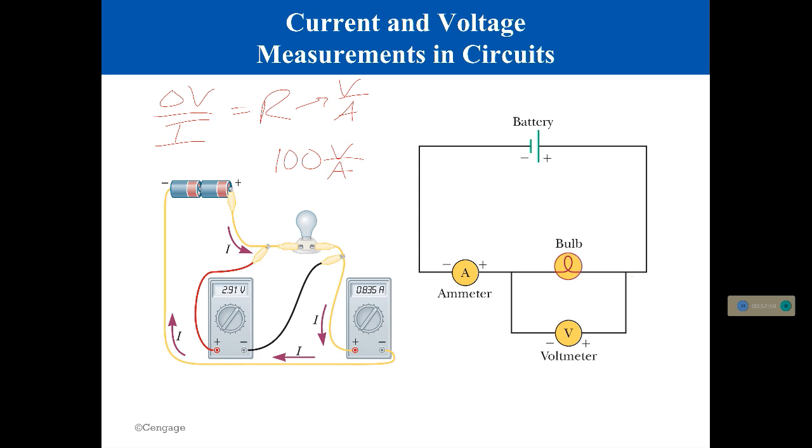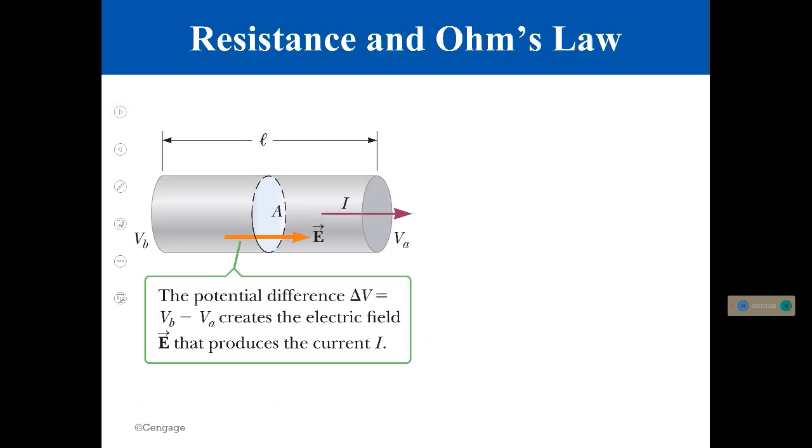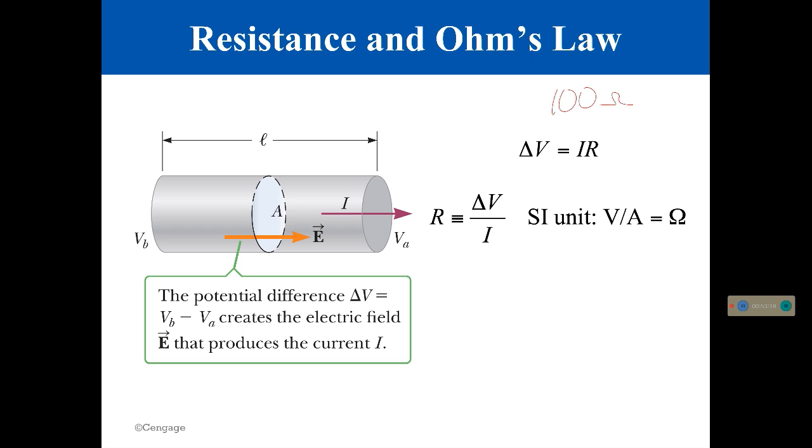Now, I wanted to remind you of this, that it is actually volts per amp before they put up what its real units are, because you've probably heard the real units before, and I don't want to make it too much easier on you. The actual units, volt per amp, is known as an ohm. So if you see that a material has 100 ohms of resistance, what it's really saying is that material takes 100 volts to get 1 amp.